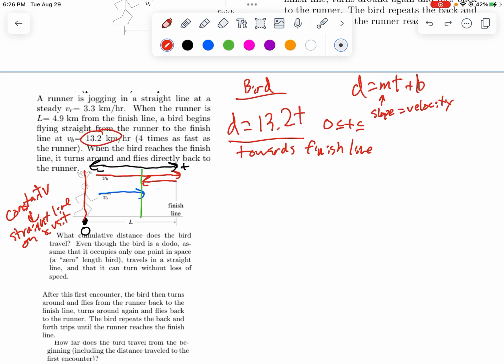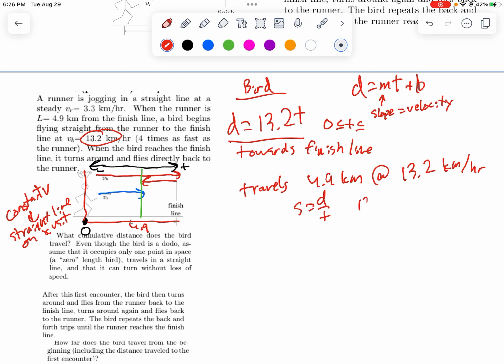So we gotta find out like how long it takes to go to the finish line. So we know it travels 4.9 kilometers, right? This distance is 4.9 kilometers, at the speed of 13.2 kilometers per hour. So we gotta find time, so speed equals distance divided by time. 13.2 equals 4.9 divided by t.